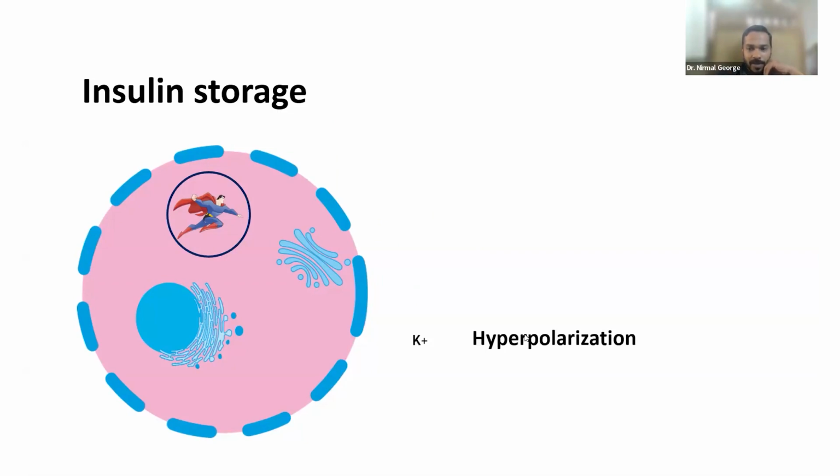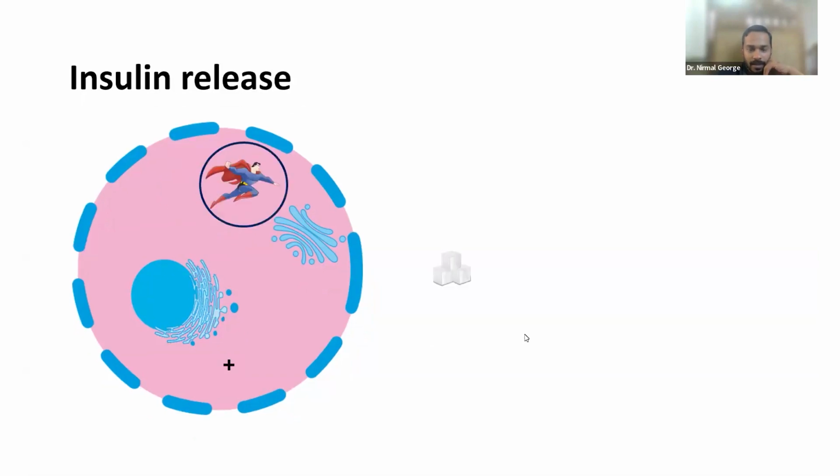So what happens when you are consuming glucose or food? The glucose from the diet will be transported into the beta cells of the pancreas with the help of glucose transporter 1. Inside the beta cells, it will get converted to ATP, and this ATP will inhibit the potassium channels.